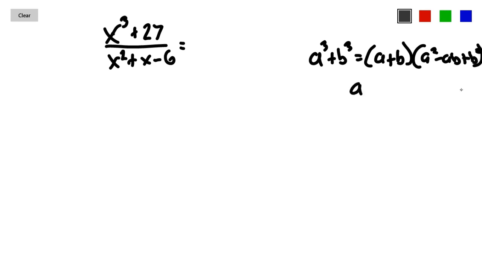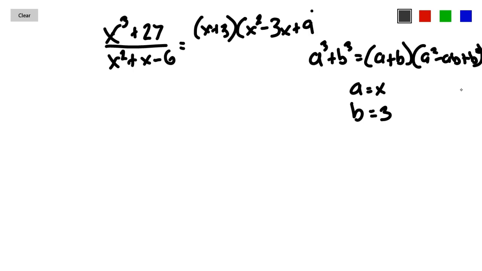So in this case, a is equal to x and b is equal to 3, because 3 cubed gives me 27 and x cubed just gives me the x cubed. So on the top here, I'm going to have (x plus 3) times (x squared minus 3x plus 9).